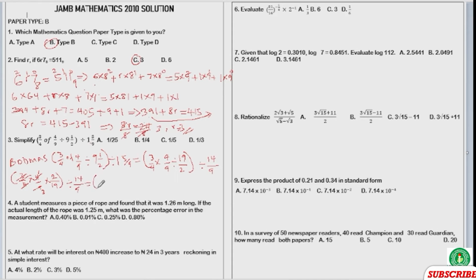So we have 1 over 3 multiplied by 2 over 19 here, bracket close, divided by 14 over 9. So you can now open the bracket by saying 1 over 3 multiplied by 2 over 19.